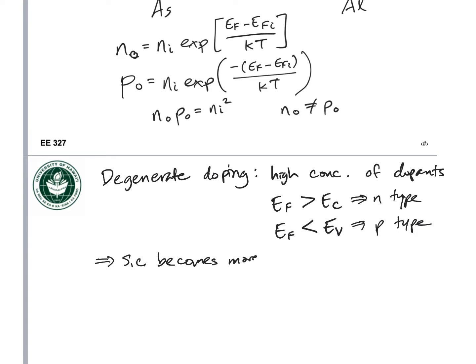The high current. Okay, so it becomes more like a metal. Let me put it in more technical terms. So it's more conductive.